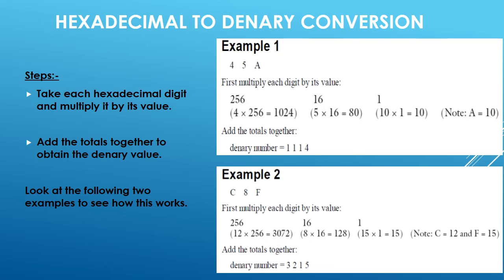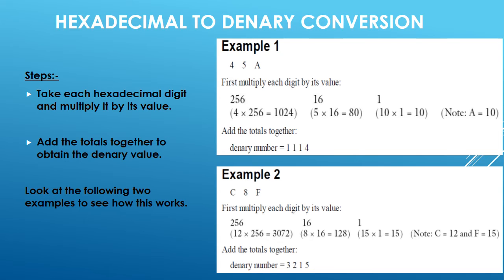A is equivalent to 10, so 10 will be multiplied with 1. We'll multiply it all and then add the totals together, and we are getting the equivalent denary number this way.